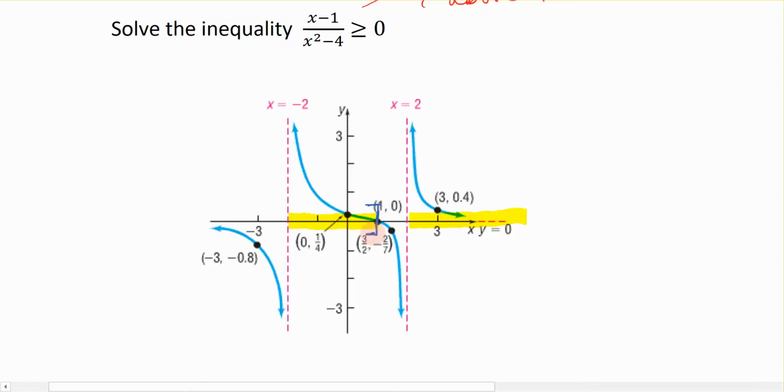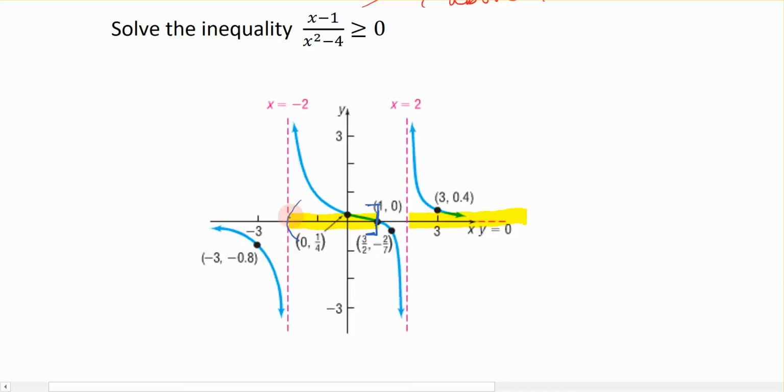Now, the thing about a rational inequality, though, is I can never actually get to -2 on the x-axis because it's an asymptote. So when I have asymptotes, I have to use parentheses, because remember, I never get to -2.